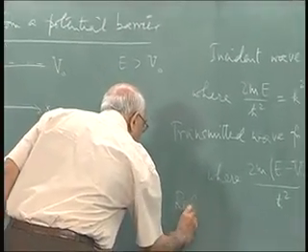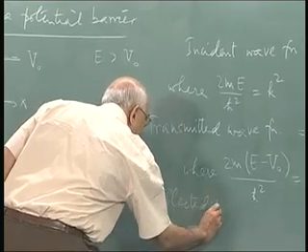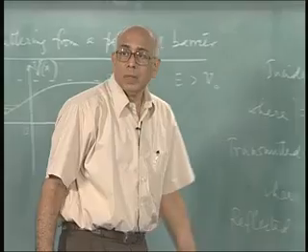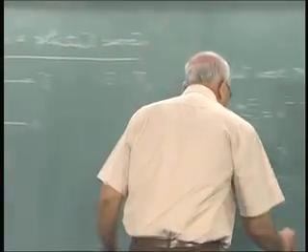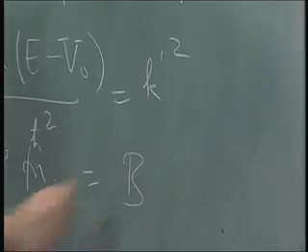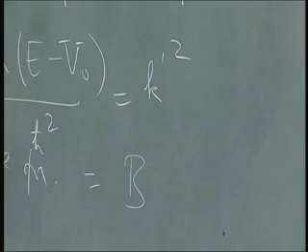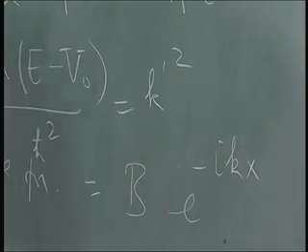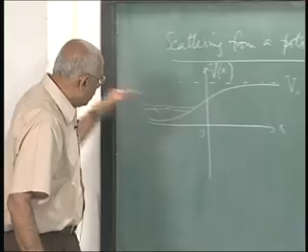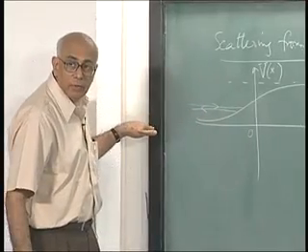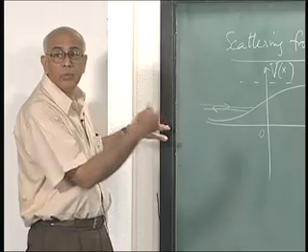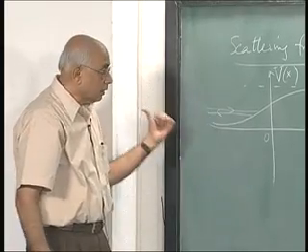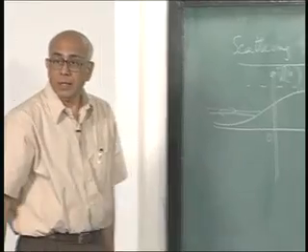The reflected wave function is equal to some constant, need not be the same constant, some B, do not care, times e to the power minus ikx, because it is moving in this medium here asymptotically very far away, there is no potential, so the wave number is once again k, but it is moving in the other direction, and therefore on this side it is B e to the minus ikx.